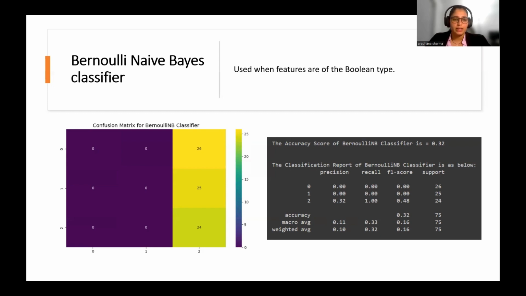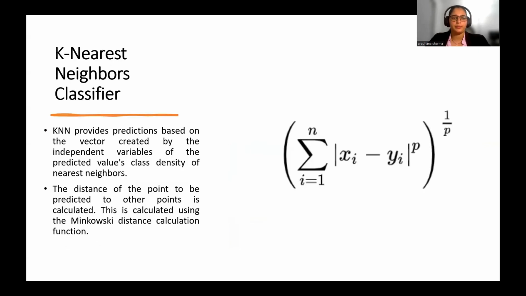There were 26 data samples in class 1 that were misclassified, 25 data samples in class 2 that were misclassified, and 24 data samples in class 3 that were correctly classified. It gives us an accuracy score of 0.32. This is the least accuracy that has been obtained during this project. This was the worst performing classifier.